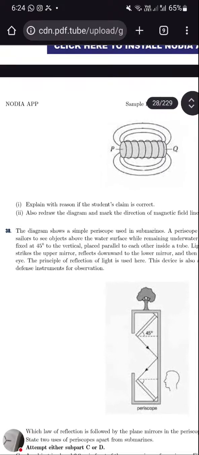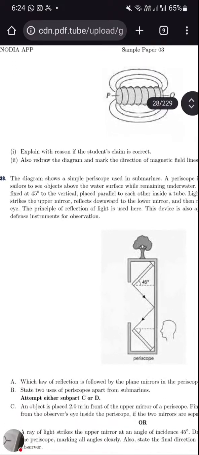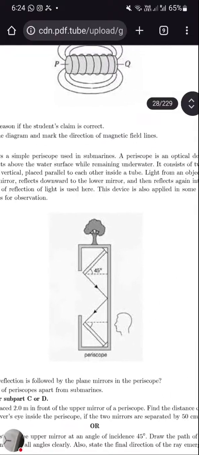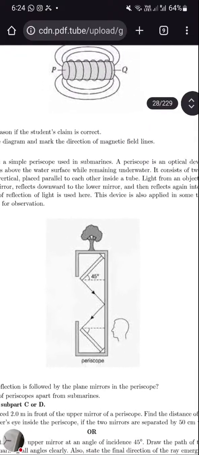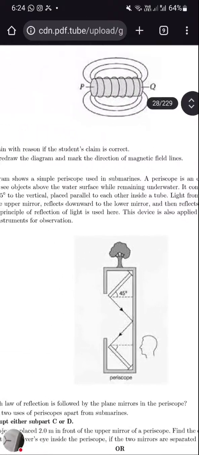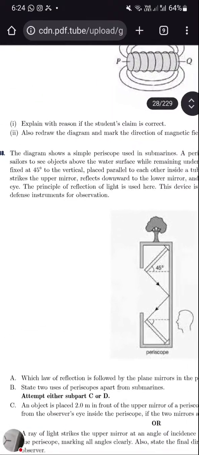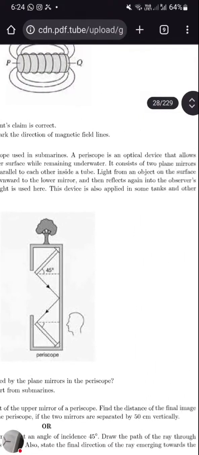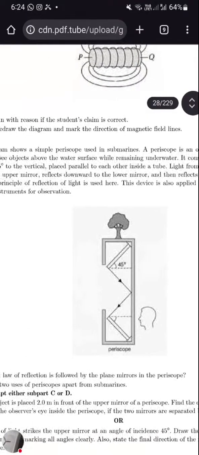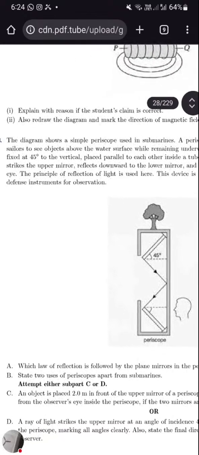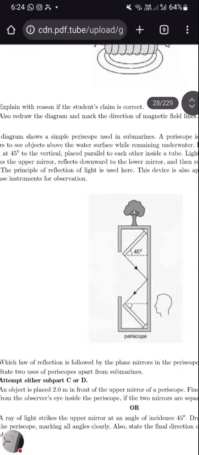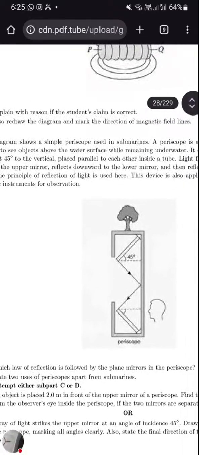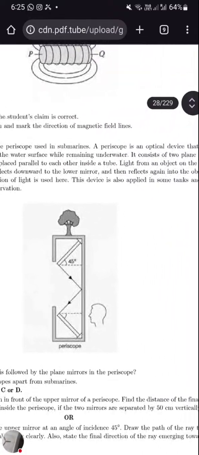Okay, next question. The diagram shown is a simple periscope used in submarines. A periscope is an optical device that allows sailors to see objects above the water surface while remaining underwater. It consists of two plane mirrors fixed at 45 degrees to the vertical. So here two plane mirrors are there. Both are at a 45-degree angle, placed parallel to each other inside the tube.